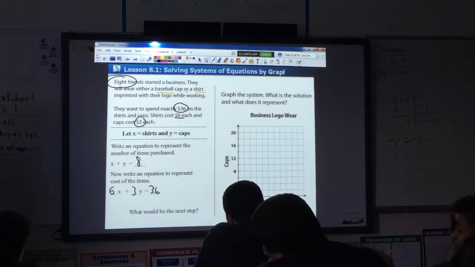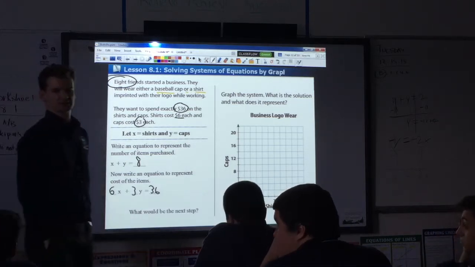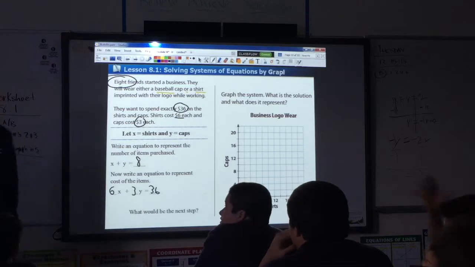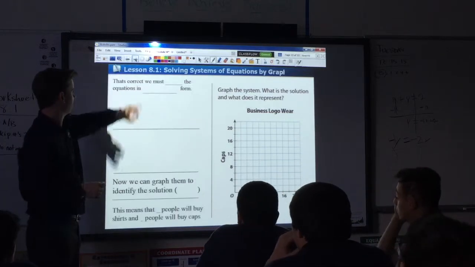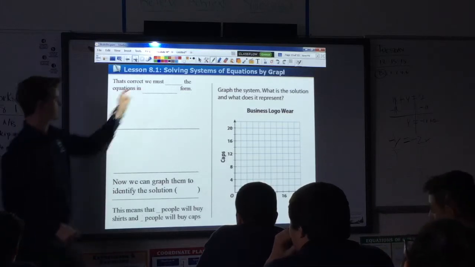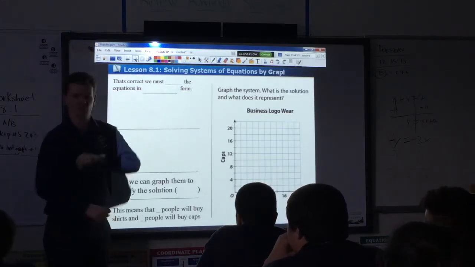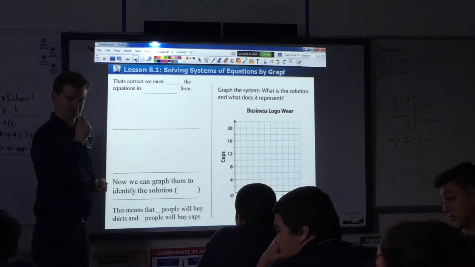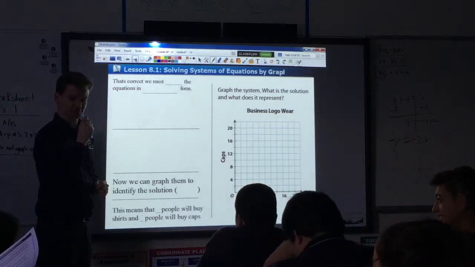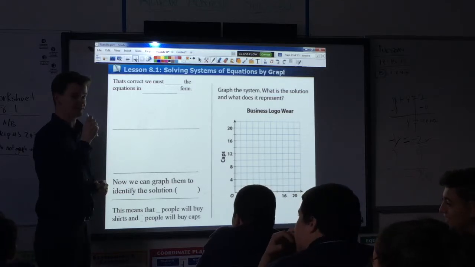What would be the next step? What would be the next step, Emily? Go to the next slide. Okay, that's a good idea. That's correct. We must blank the equations in blank form. What goes there? Emily, this is for the $1 million. Do you know what blank and blank is?